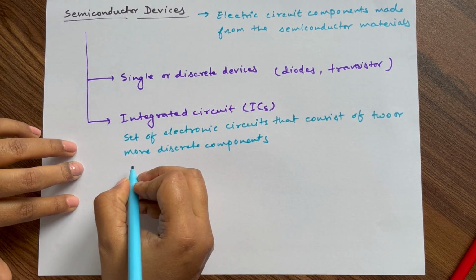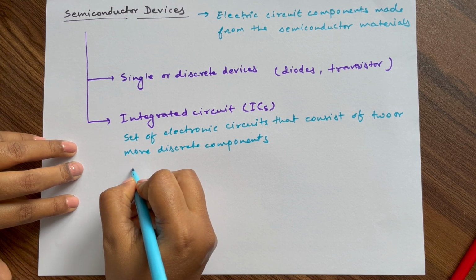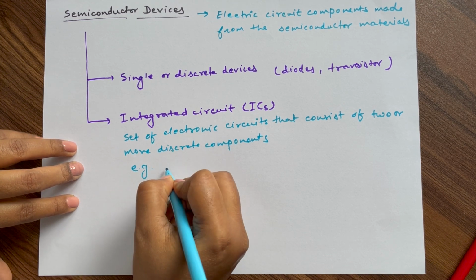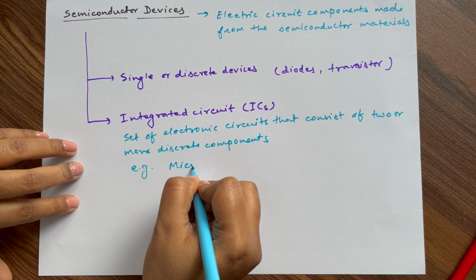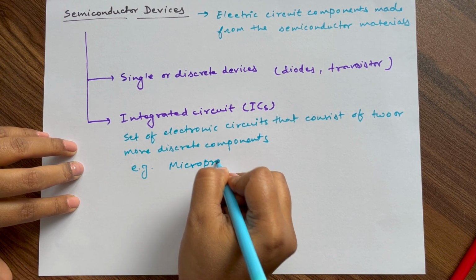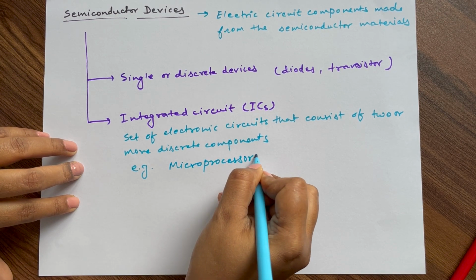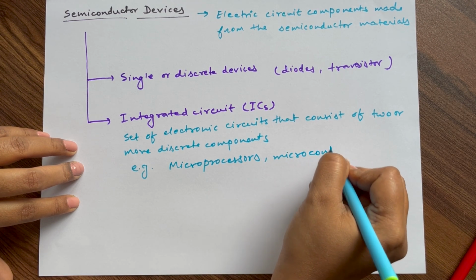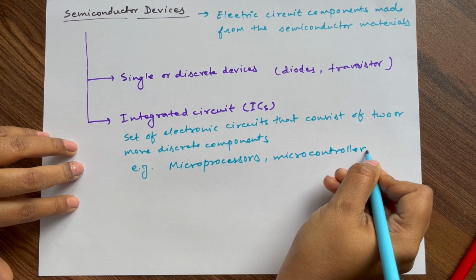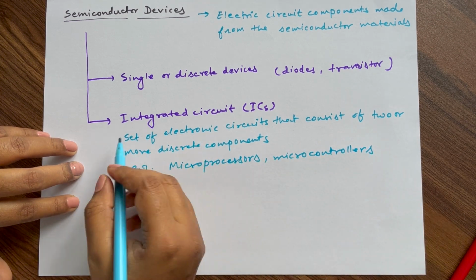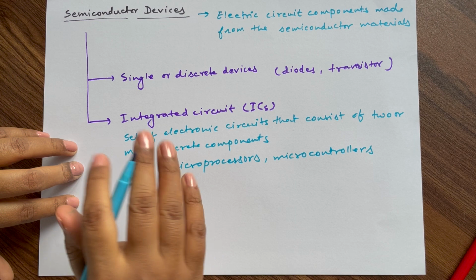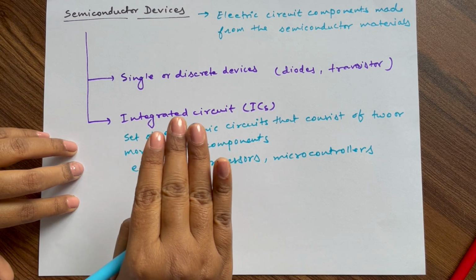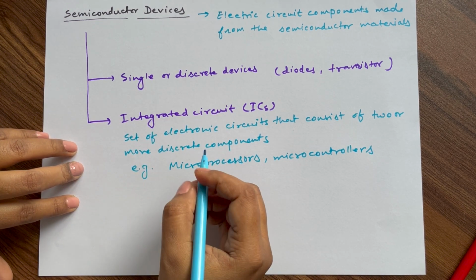Examples are microprocessors and microcontrollers. And these ICs are etched on a small flat piece of semiconductor called an IC chip.